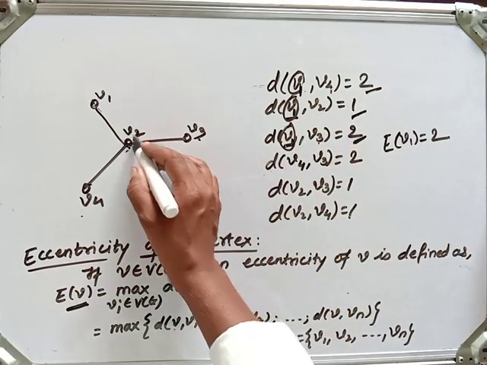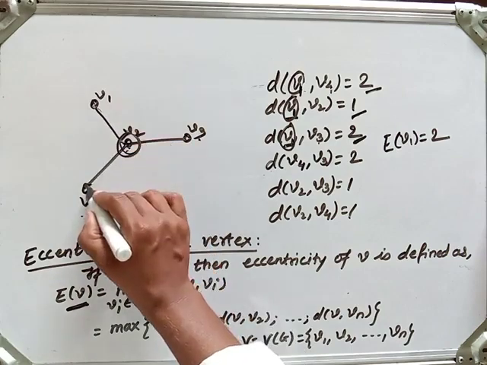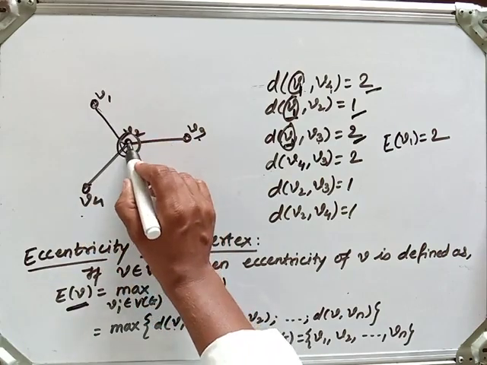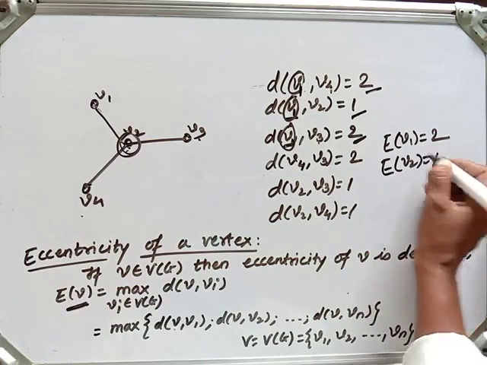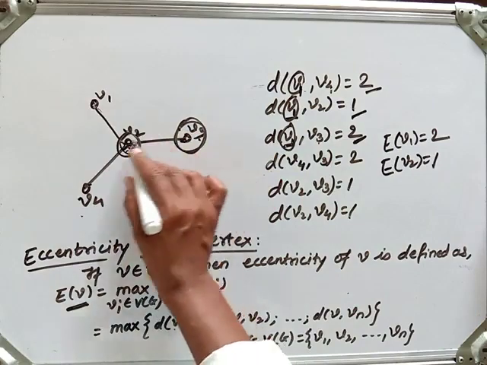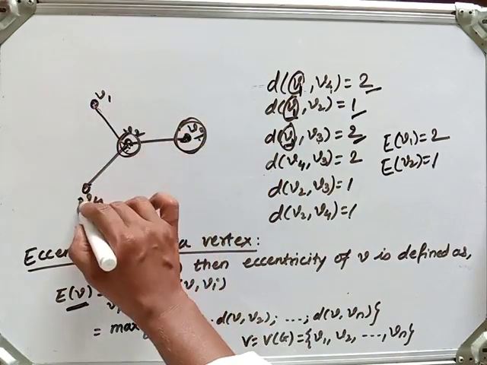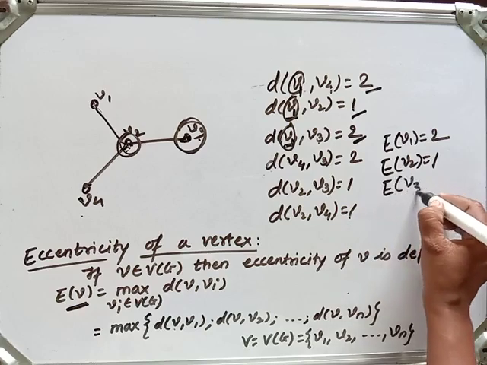What about the eccentricity of V2? The maximum distance from all these vertices is 1. So the eccentricity of V2 is 1. What about the eccentricity of V3? The distances are 1, 2, 2, so the eccentricity of V3 is 2.